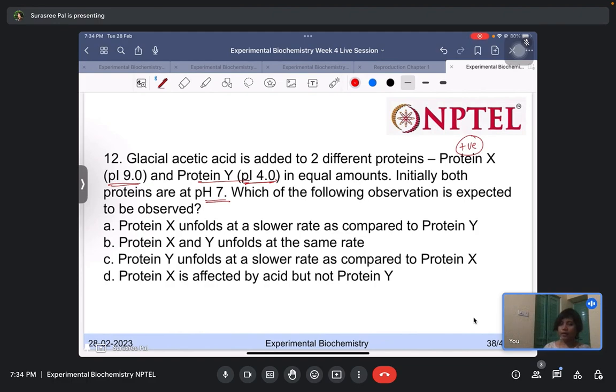In case of protein Y, it is an acidic protein, so there are negatively charged residues, the acidic residues, present in protein Y. Now you are adding glacial acetic acid, so it's an acid and it will reduce the pH. We know that at low pH there is protonation of the amino acids.